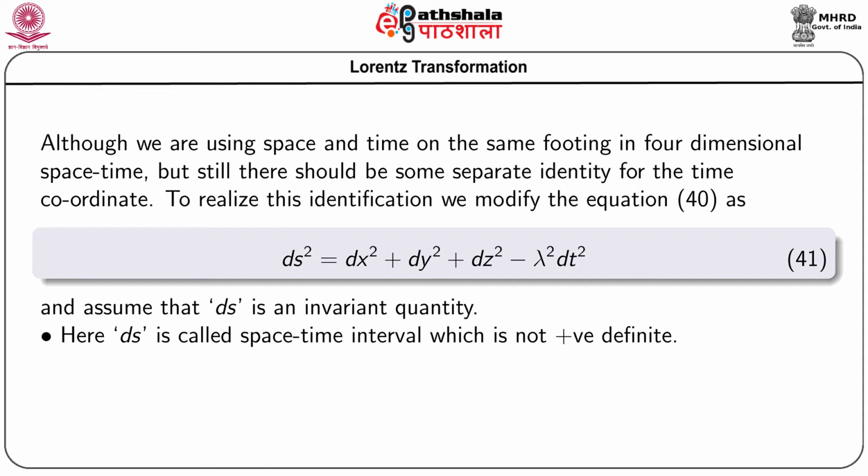Here this ds is called the metric of the 4 dimensional space, and it is not positive definite because of the quantity minus lambda square dt square.